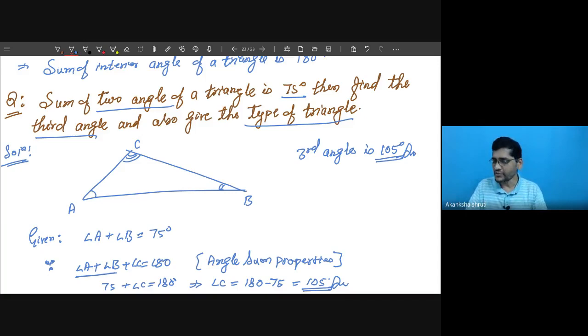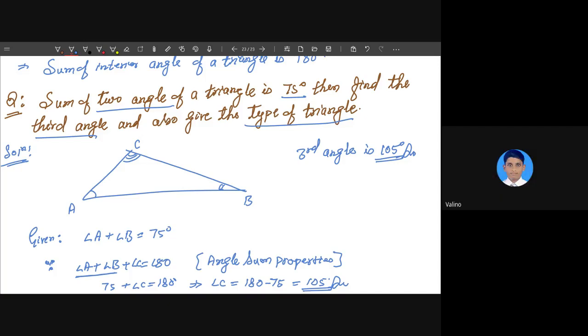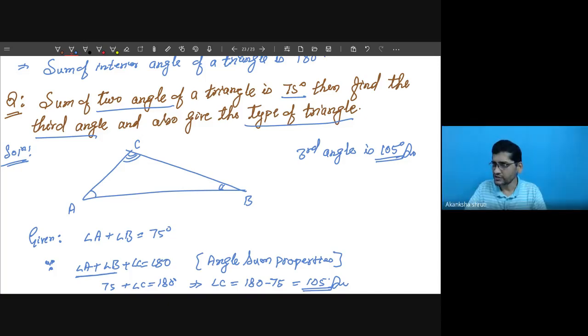Now, what are we observing? Which type of triangle is this? Yes, student? Acute, right, isosceles, obtuse. What is the property of isosceles?